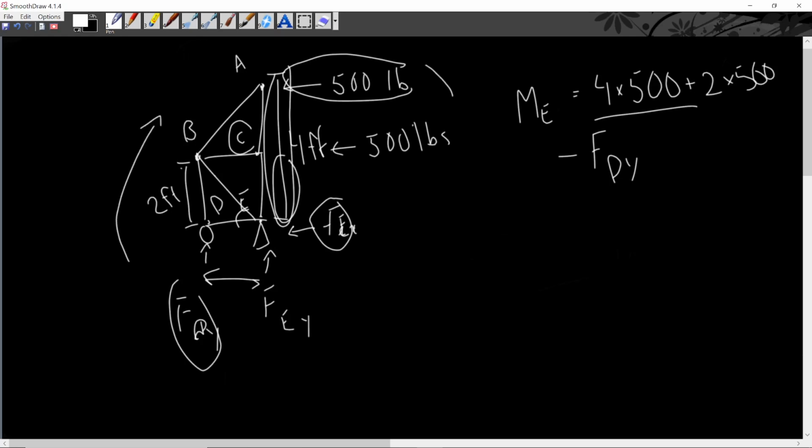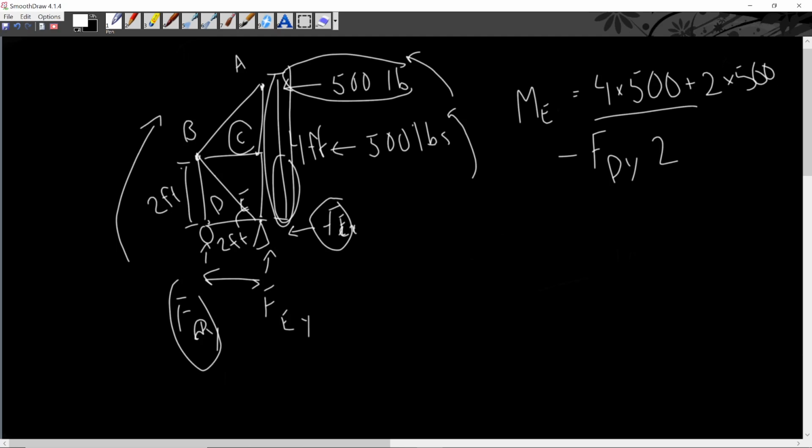If all these other forces are traveling counterclockwise, Fdy will be traveling clockwise. So this is negative Fdy times, this is 2 feet right there, 2 feet. So we're going to have 2 times that, okay?